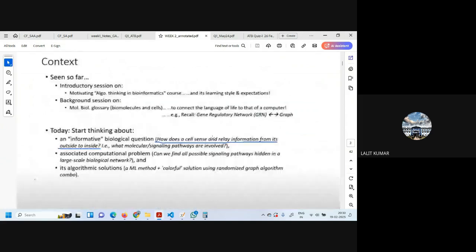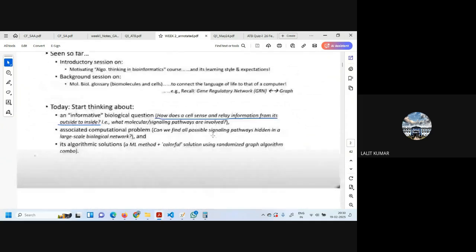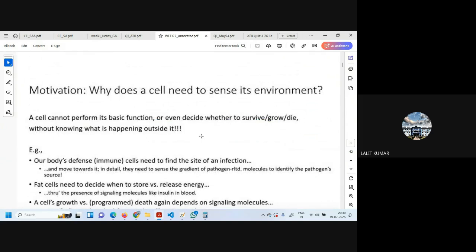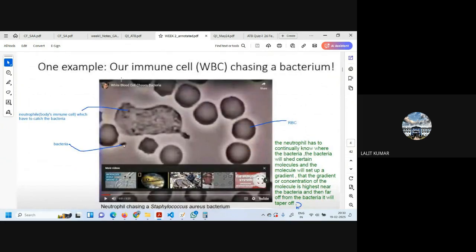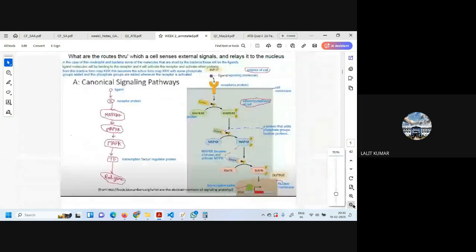Okay, so this I have covered, and from there we'll go to the colorful part. We have studied this in MLF. Why does the cell need to sense its environment? I have told you that once it gets the trigger, this is how it happens. From here, the gene and the ligand, these are the different amino acids at the start, and the mRNA reaches here.